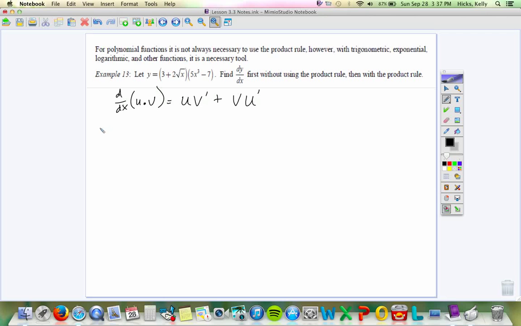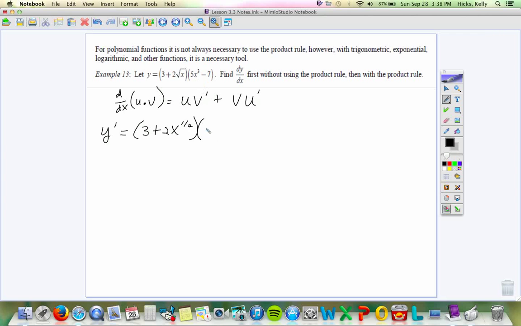Okay, so let's see what we get here. So y prime is going to be equal to the first function, u, just plain u. We don't do anything to it, we just copy it down, okay? I am going to change my exponents to a fraction instead of a square root, because I just think it makes the problem easier in a minute. All right, times the derivative of v.